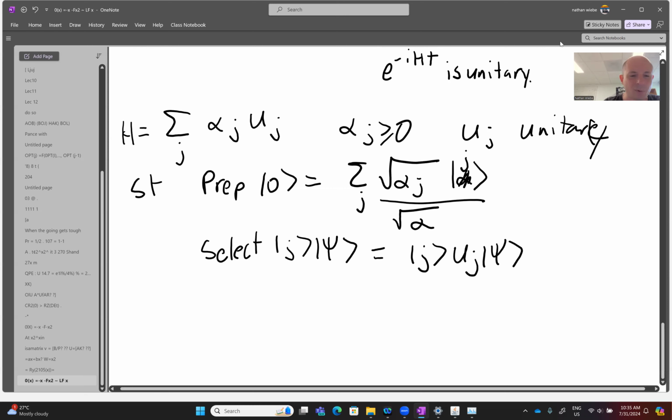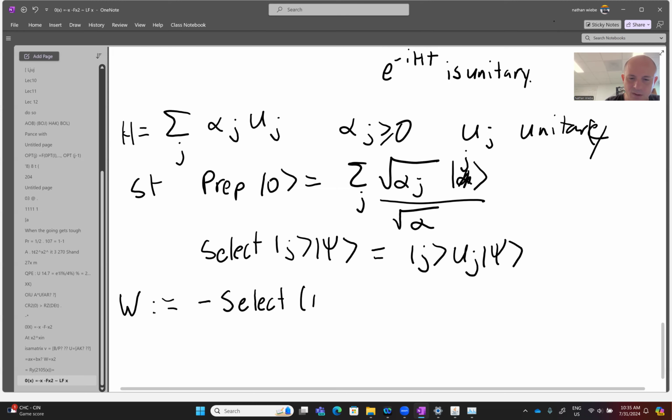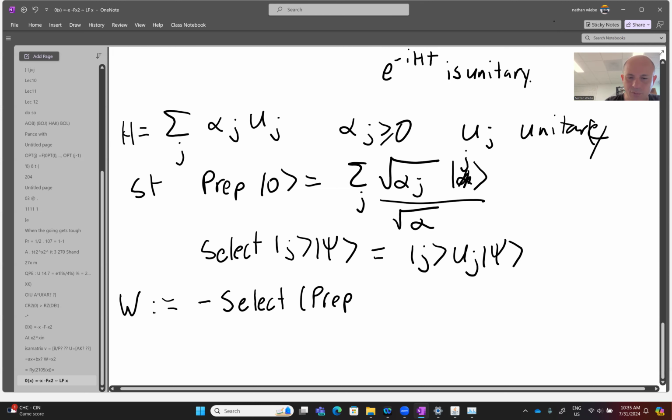So now, given these operations, what we want to do is build an operator W, which is defined to be negative select times identity minus 2 prep |0><0| prep dagger, tensor identity.